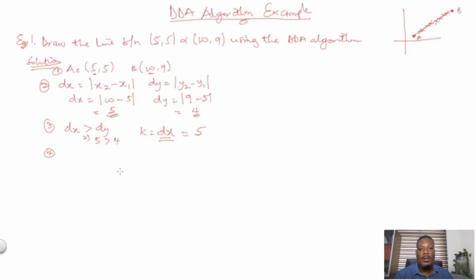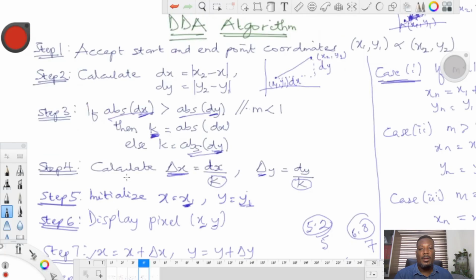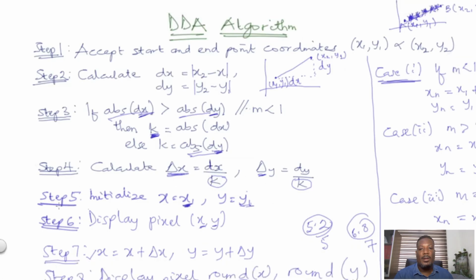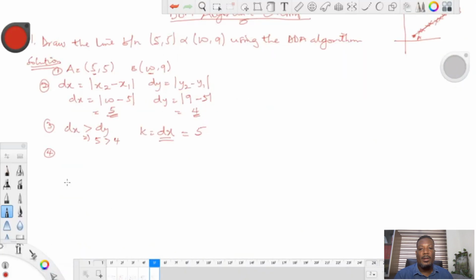So the next thing is to go to the next step of the algorithm, where we calculate the change in x and the change in y. The change in x is dx over k, and the change in y is equal to dy over k. So we have change in x equal to dx over k, and dx, as we know, is 5 from step 2, and the value of k is also 5.